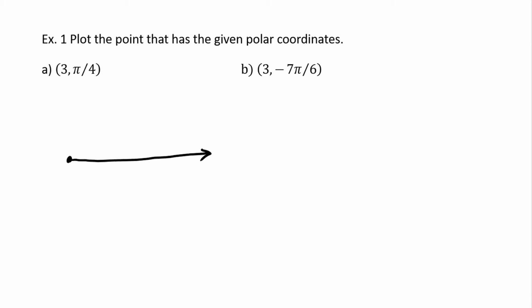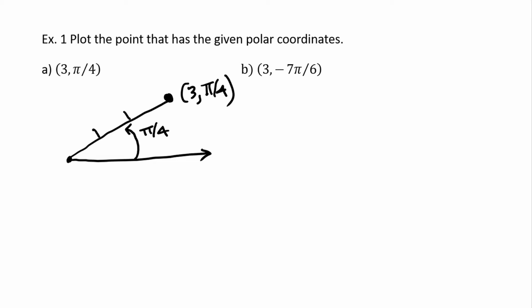Now remember, polar coordinates are determined by direction and distance, so I will move in the counterclockwise direction pi over 4 units, then draw a segment that is 1, 2, 3 units long. So this point is (3, pi over 4).